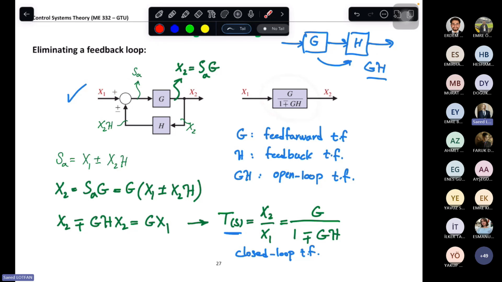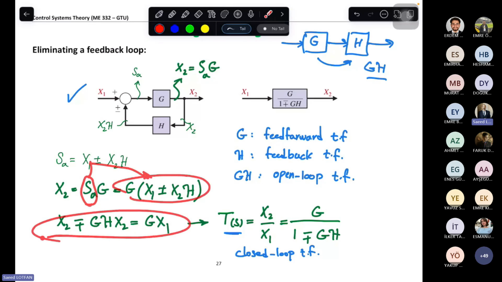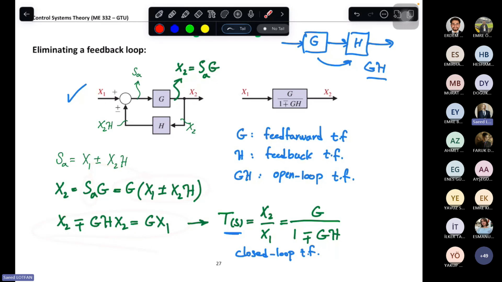If you have plus here, you will get minus here. If you have minus here, you will get plus here. And how it's obtained, we showed. SA is X1 plus minus X2H, and X2 itself is SA times G. So you put SA from here into this, and you just find the relationship between X2 and X1. Clear?